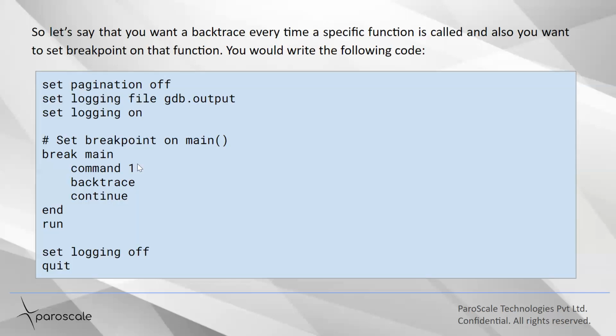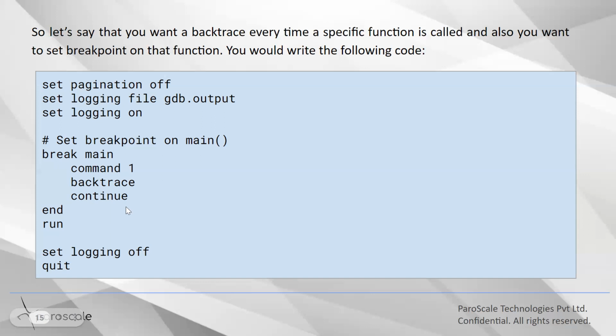It indicates that this is our first breakpoint, to provide the commands that I want to run whenever GDB hits that breakpoint. As you can see, I'm just printing the backtrace and then continuing until GDB hits another breakpoint. Right now I have just one breakpoint, that is main. If you add another breakpoint, then it will continue to that breakpoint.